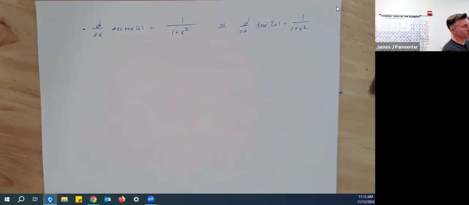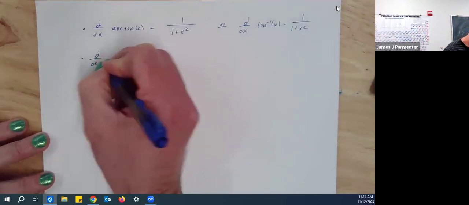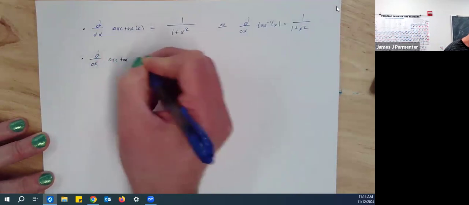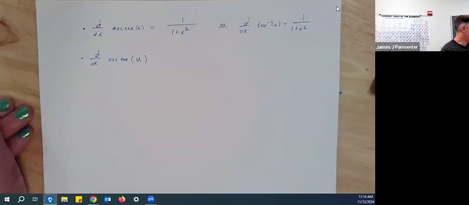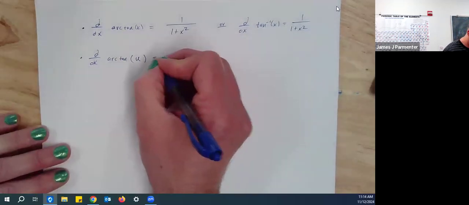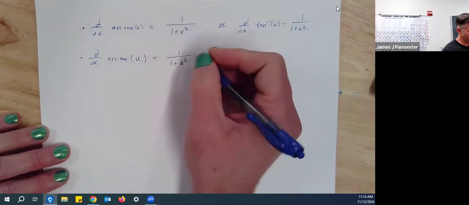When I write a derivative rule, you should all think to yourself, okay, what's the chain rule version? So I know the derivative of the arctangent of x is 1 over 1 plus x squared. So that would mean the derivative of the arctangent of some stuff, I'll write the letter u for my stuff, should be 1 over 1 plus my stuff squared.